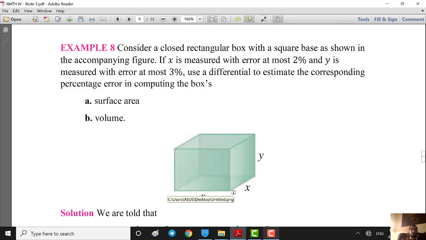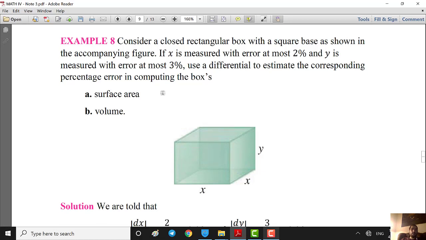So it has a square base with length equal to x. If x is measured with error at most 2% and y is measured with error at most 3%, use a differential to estimate the corresponding percentage error in computing the box's A, surface area, and B, volume.